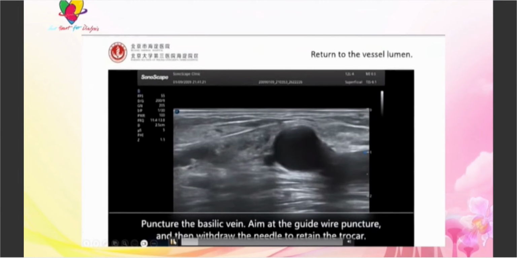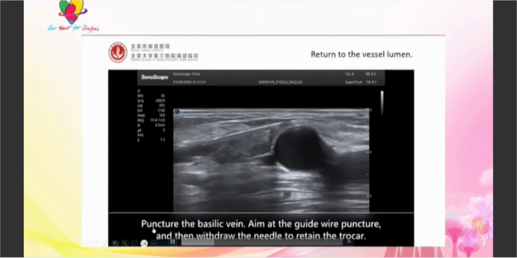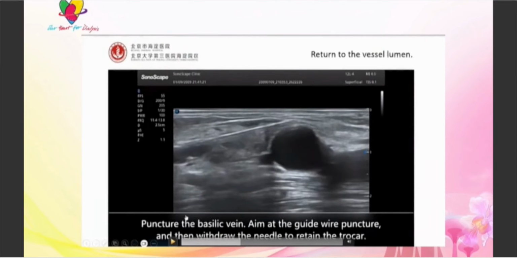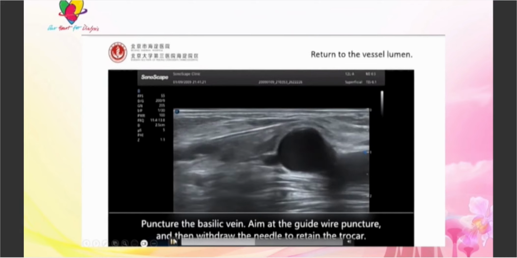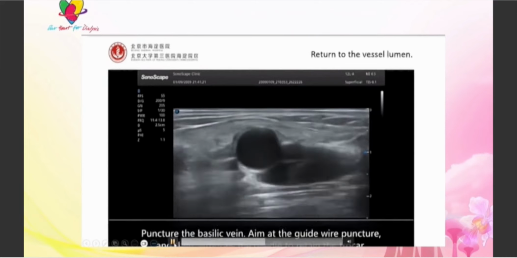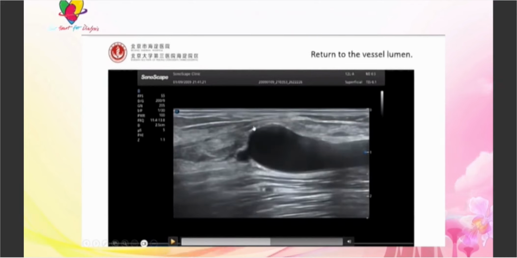We puncture the basilic vein and arm at the guide wire. The key point is that the puncture needle must touch the guide wire. Then pull back a little, remove the puncture needle, and keep the cannula.